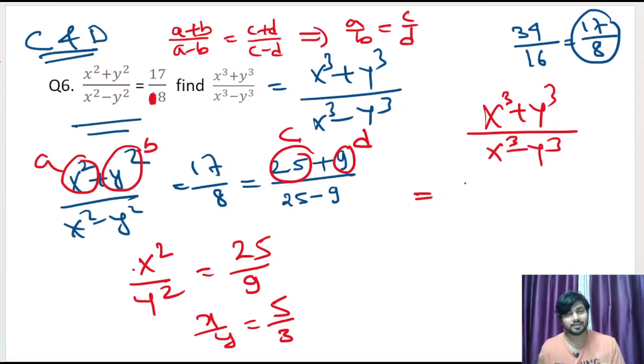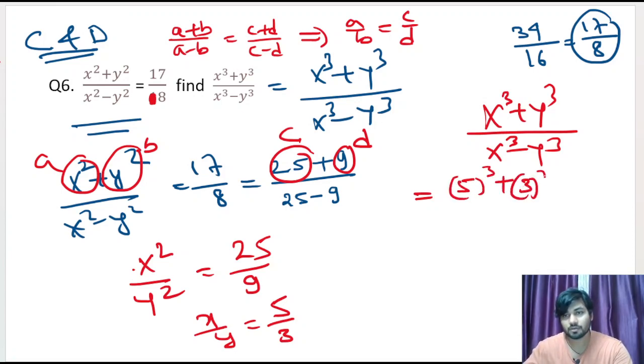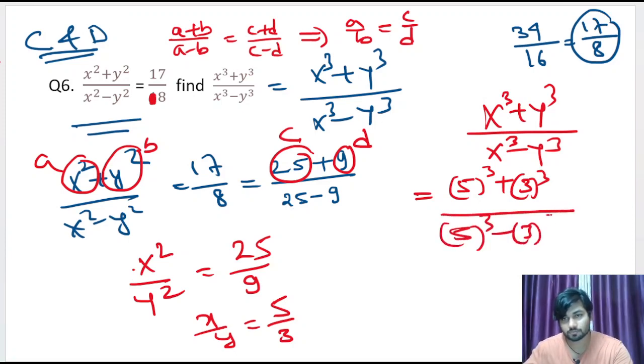Whatever I take for x in numerator and denominator, it will be cancelled out. So it is not required. You just need to put the values only. So let me put 5 cube here and 3 cube here upon 5 cube minus 3 cube.